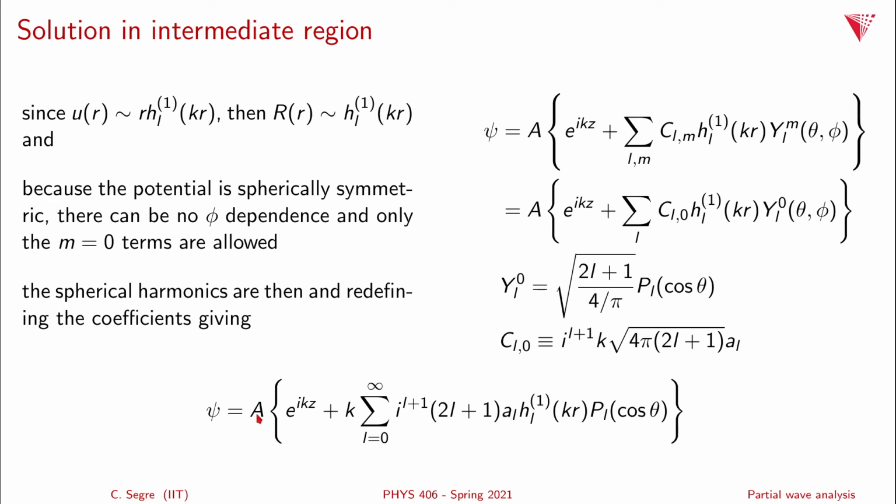Psi is then equal to A times e to the ikz plus k times the sum from L equals 0 to infinity of i to the L plus 1 times (2L plus 1) A sub L h sub L of kr P sub L of cosine theta.